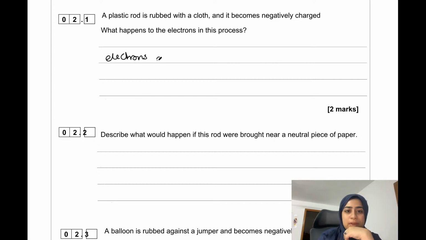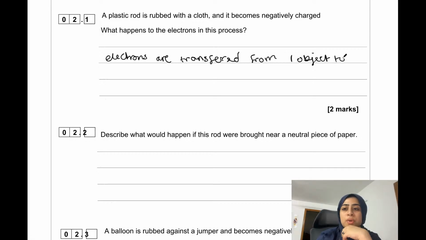So you'd get a mark for stating that the electrons are transferred from one object to another. And secondly, the rod gains electrons and becomes negatively charged.